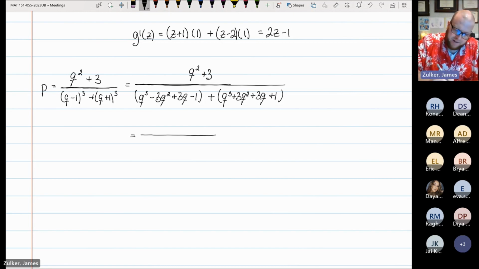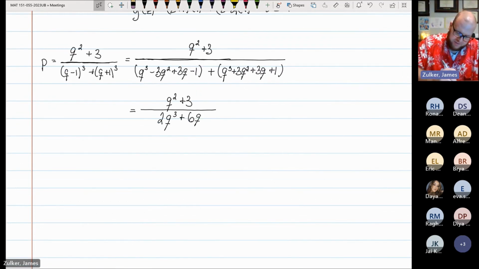All right, so what are we going to have in the denominator? It looks like a 2q cubed plus 6q, and that's under q squared plus 3. Now we can go ahead and use quotient rule to find this derivative.